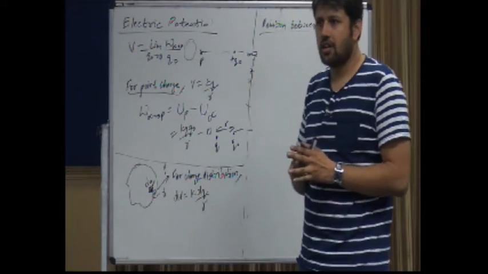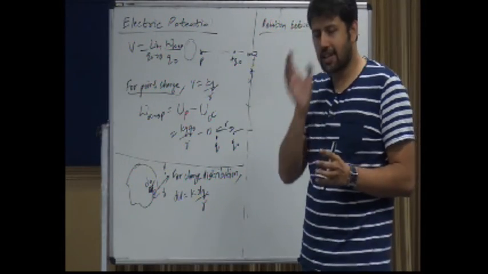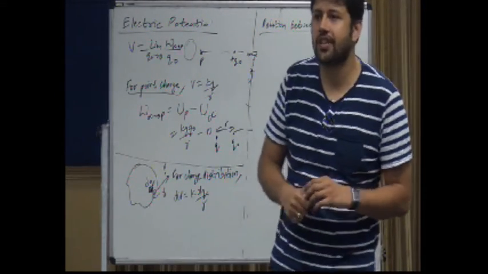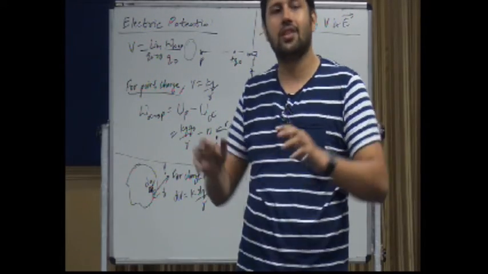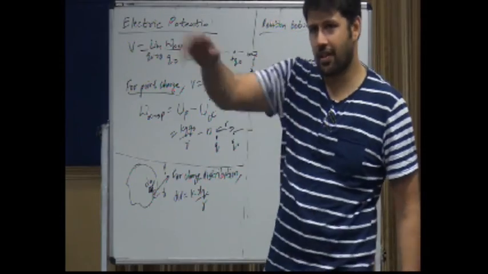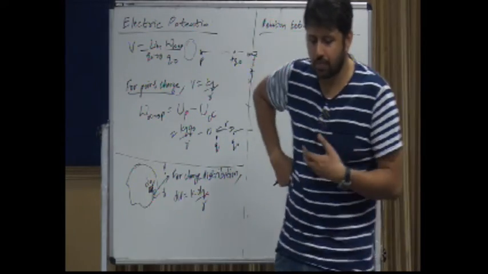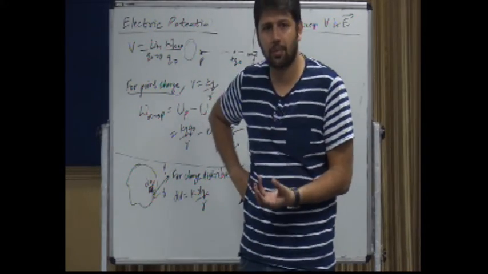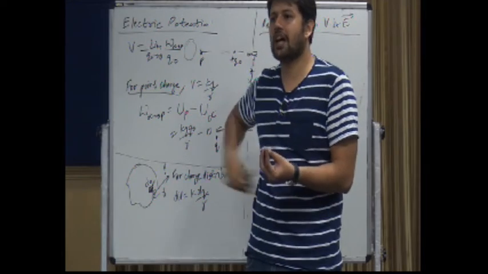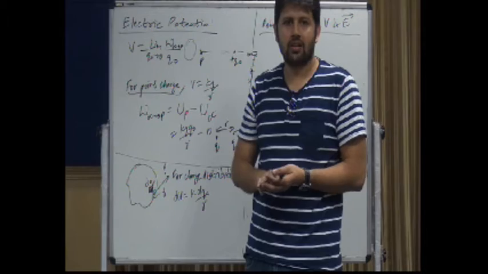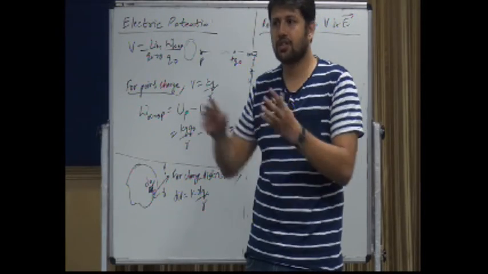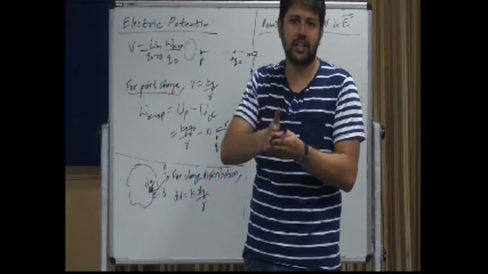Why two ways? The reason for that is there may be points where field is 0. So if field is 0, we would think that actually the field everywhere is 0. This gives an impression that when field at a point is 0, if you bring a charge from infinity to this point, you would not need any work because the force at infinity is 0 and the force at that point is 0.